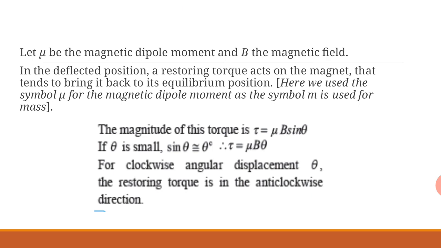So mu B we have taken here, and sine theta, theta is the angle made, and theta is small, so we will simply write tau is equal to mu B theta. For clockwise angular displacement theta, the restoring torque is in the anti-clockwise direction.